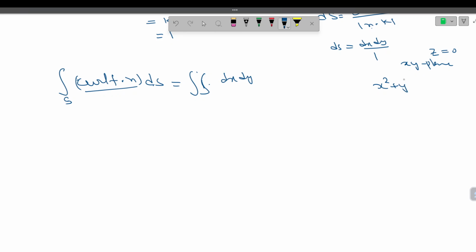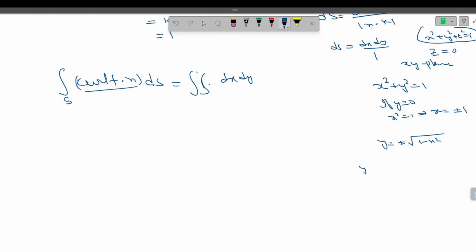So therefore, x square plus y square equal to 1, because this was the surface of the sphere. Remember, in the problem. So if y equal to 0, x square equal to 1 implies x equal to plus or minus 1, and y equal to plus or minus under root 1 minus x square.